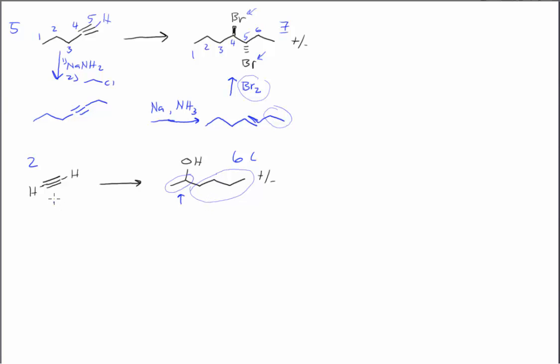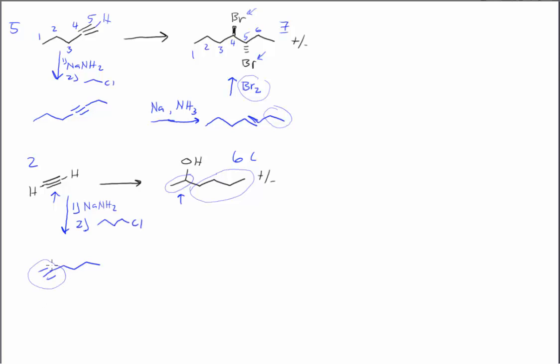So that most likely came from this 2-carbon chain. So we know that we can add 4 carbons, same way we did it on the previous problem on this page. NaNH2, 4-carbon chain, and there's our 6-carbon alkyne.